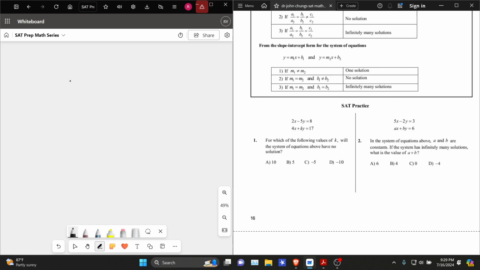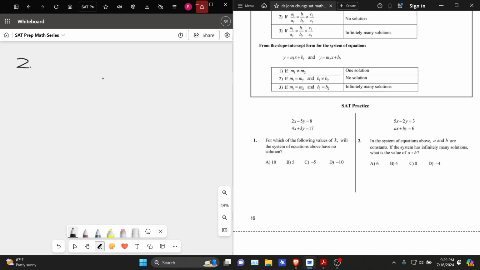Question 2. In the system of equations above, a and b are constants. If the system of equations has infinitely many solutions, what is the value of a plus b? Since it has infinitely many solutions, every ratio has to be equal.